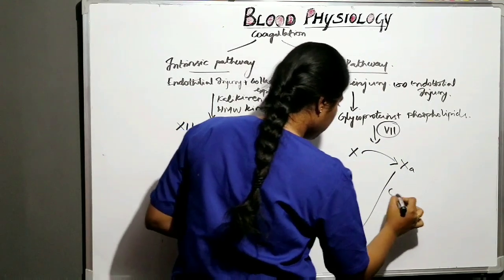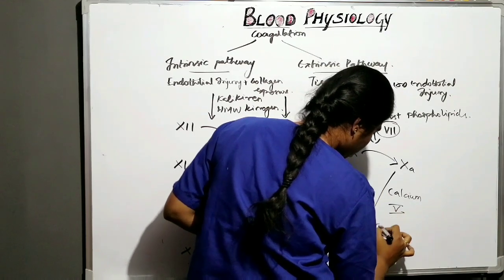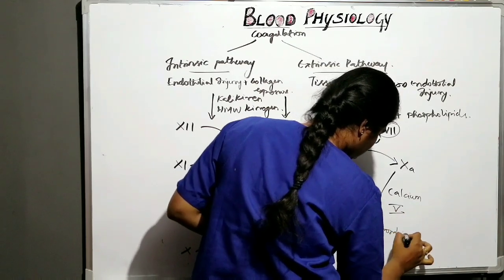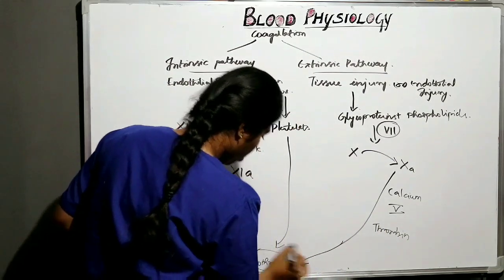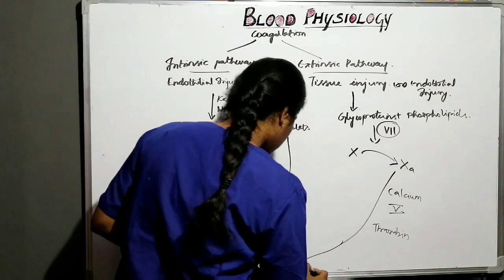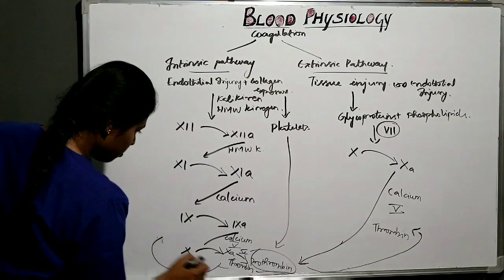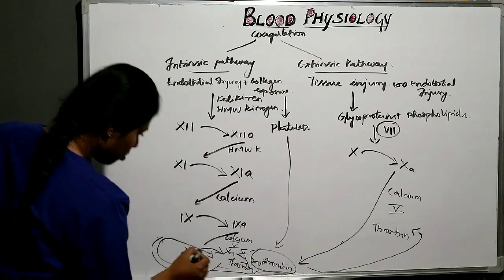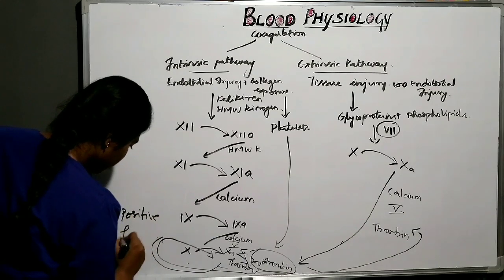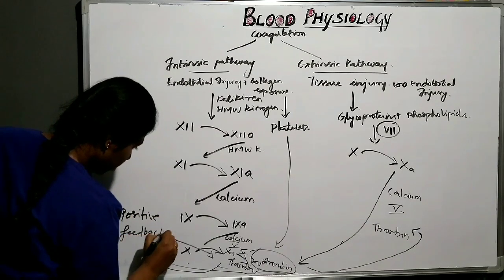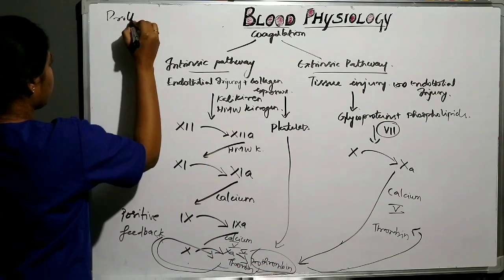Then in the presence of calcium, factor 5 and thrombin, it activates the prothrombin. So it further forms thrombin, and thrombin further forms more thrombin. This is called positive feedback.